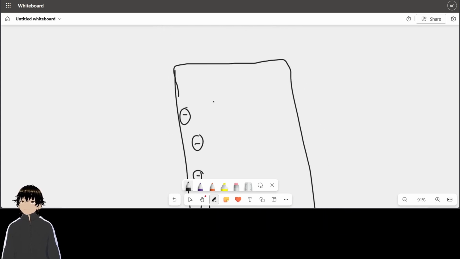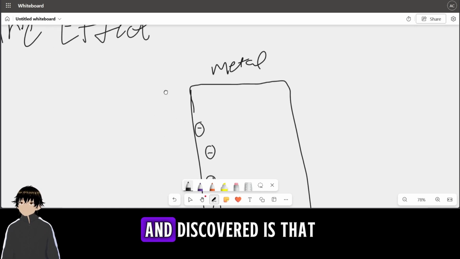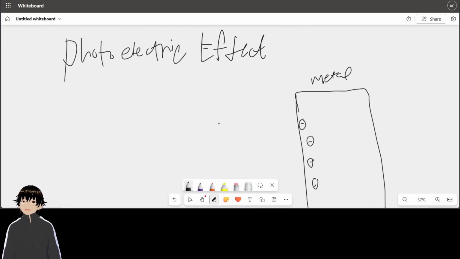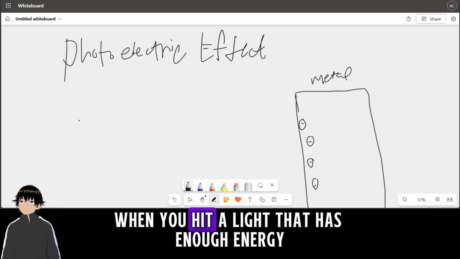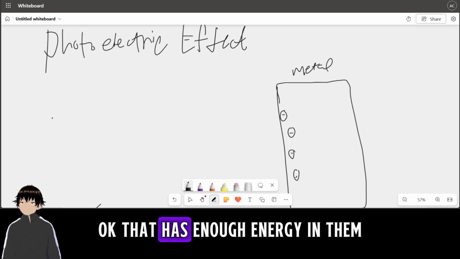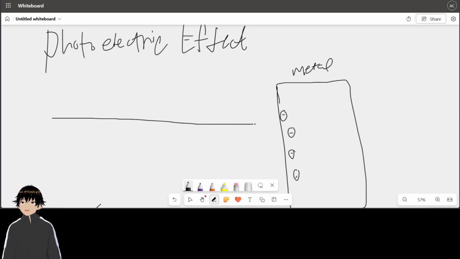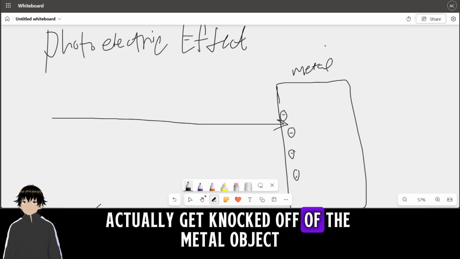And what Albert Einstein found and discovered is that when you hit light that has enough energy in it onto the metal object, the electrons actually get knocked off of the metal object.